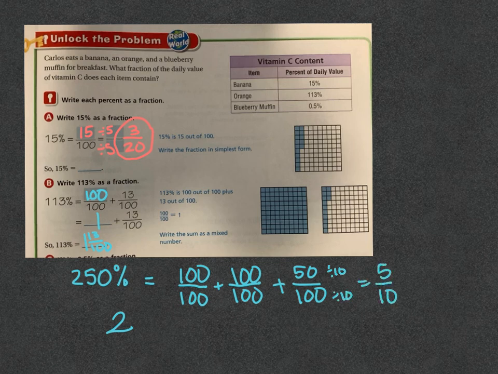And actually, I can still reduce that because both of these are divisible by 5, and I get 1/2. So if you get something odd like that, 250%, pull your full amounts, 100 out of 100 out, 100 out of 100 out, and then what's left of it, 2 and 1/2.